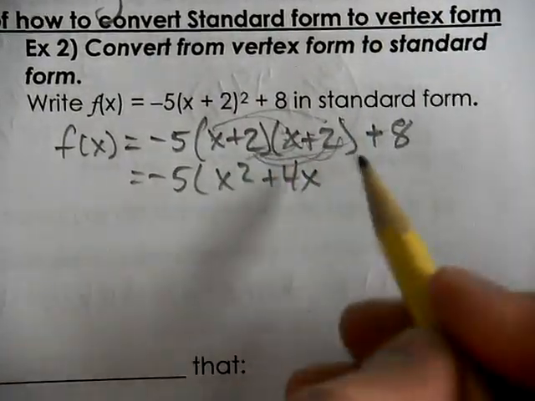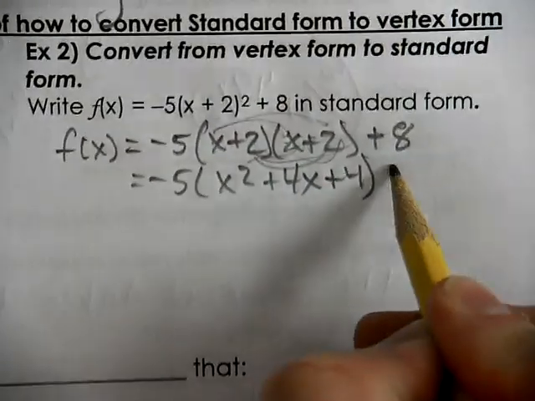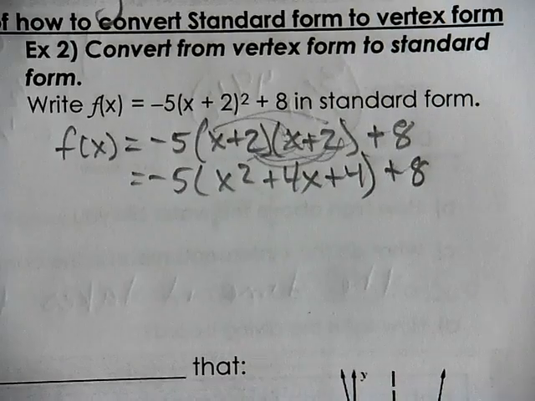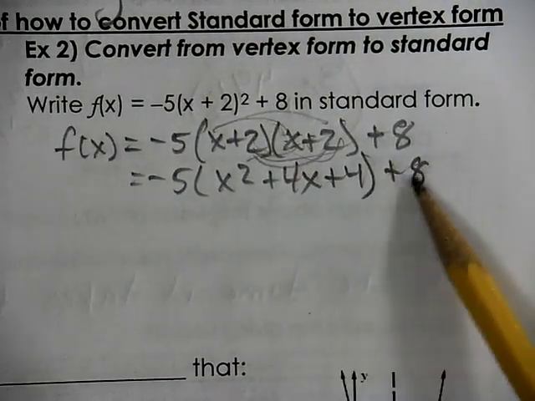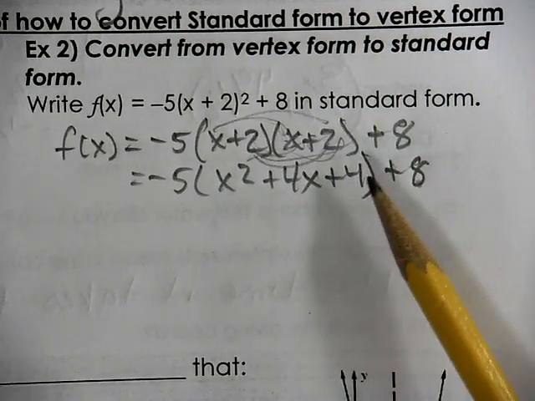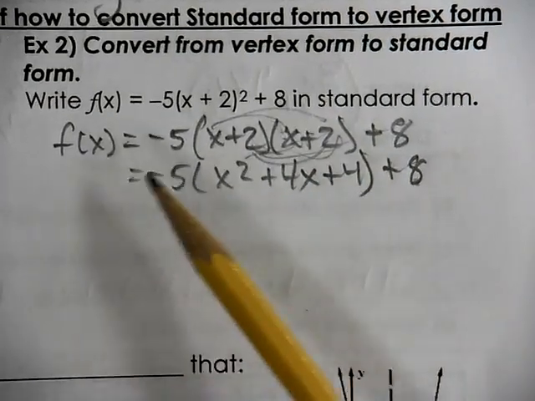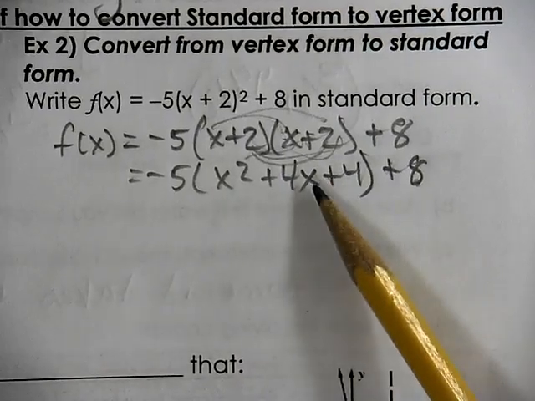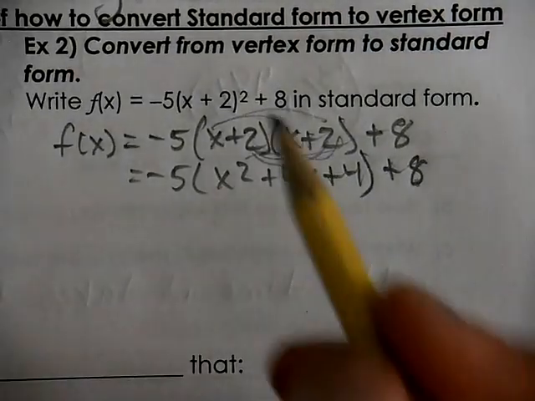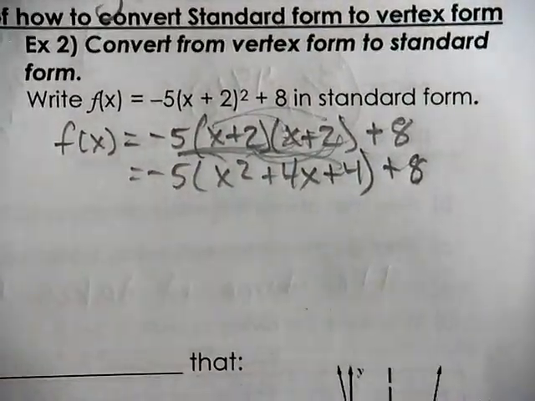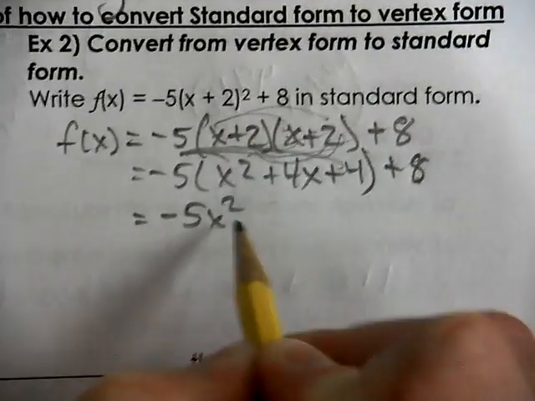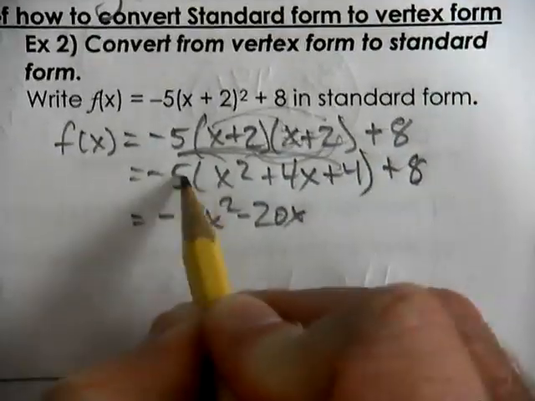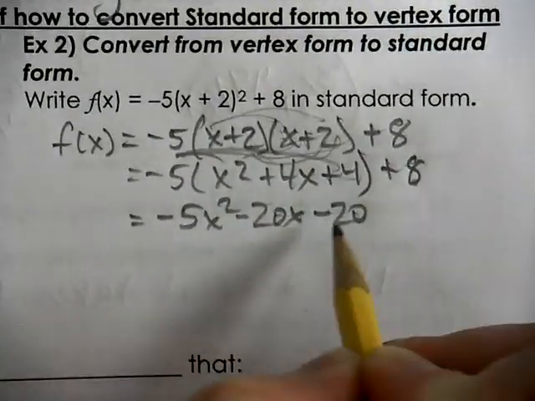And then 2 times 2 is also 4, with your 8 on the outside. Don't make the mistake and think that the 8 goes with the 4, because that's not a 4. This is negative 5 times 4. So you have to distribute the negative 5 through there. And we get negative 5x squared, negative 20x, and negative 20.